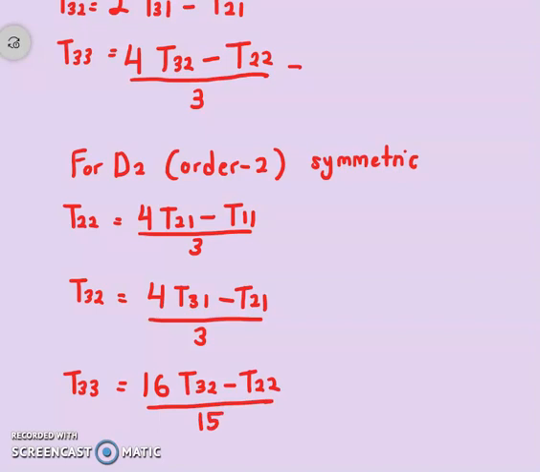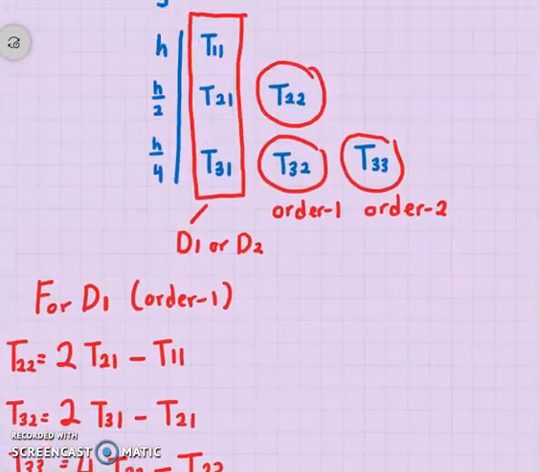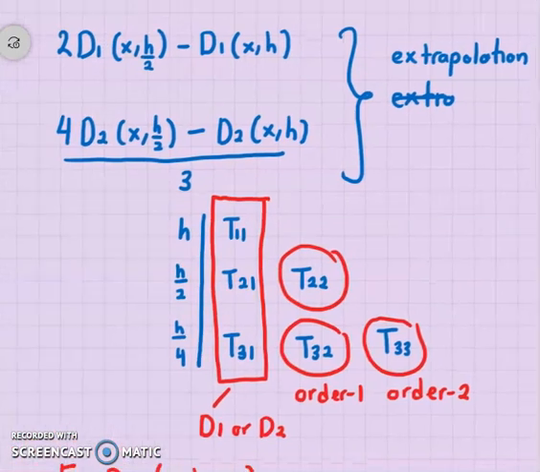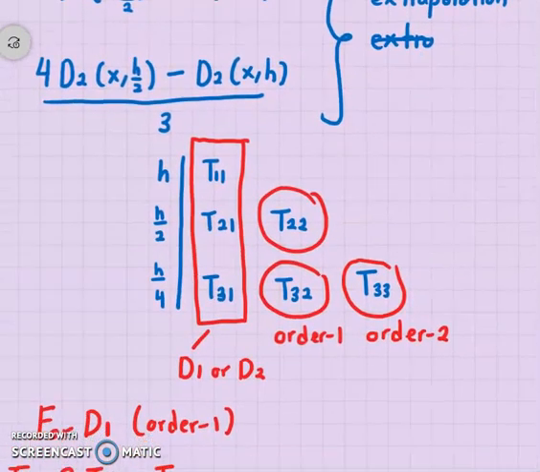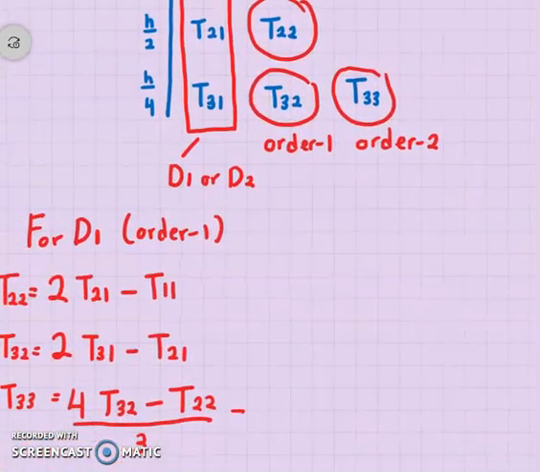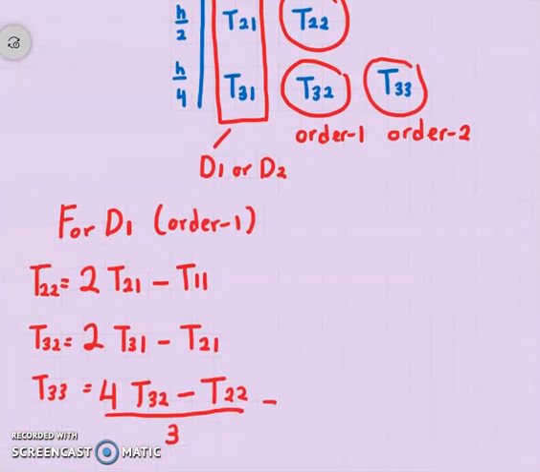Now where do I get all these numbers? Extrapolation technique. There's lots of history for this, but it's simply based on this equation here.